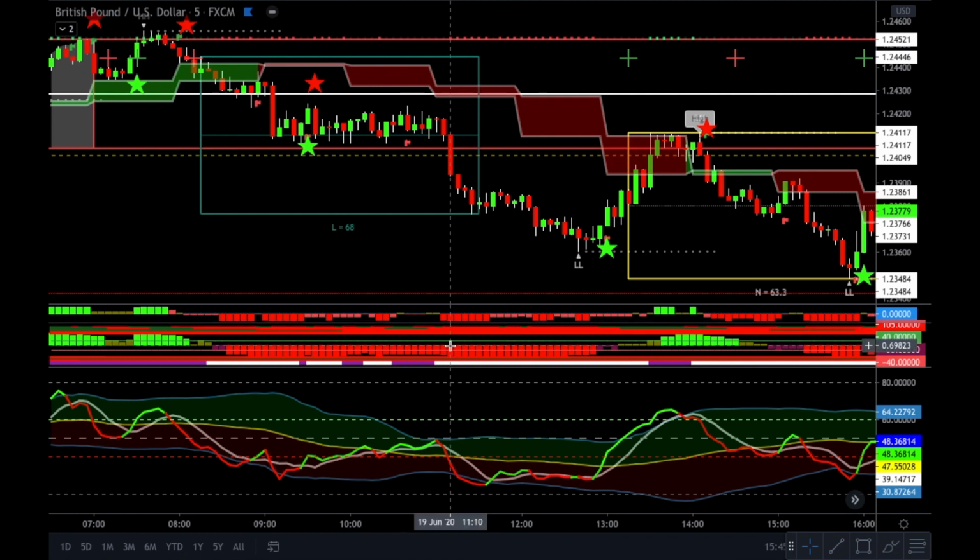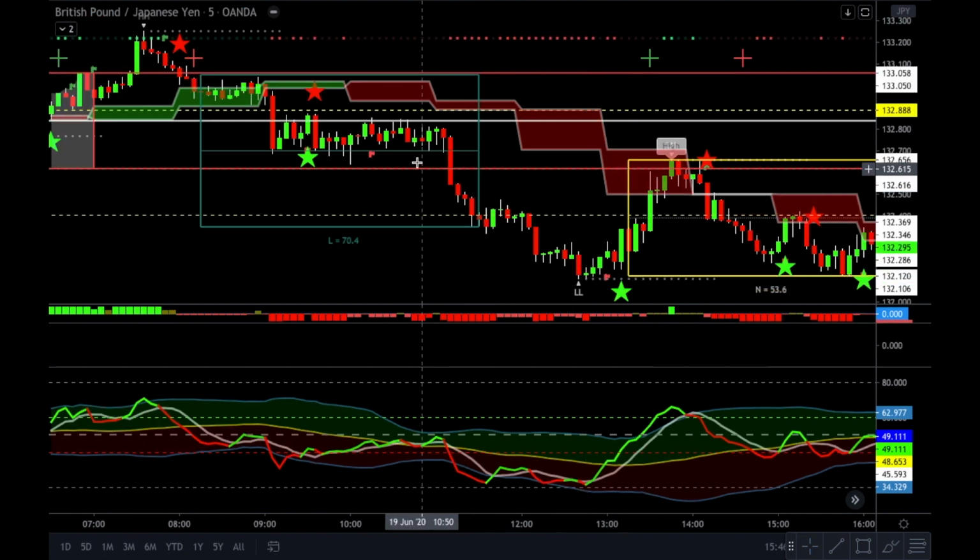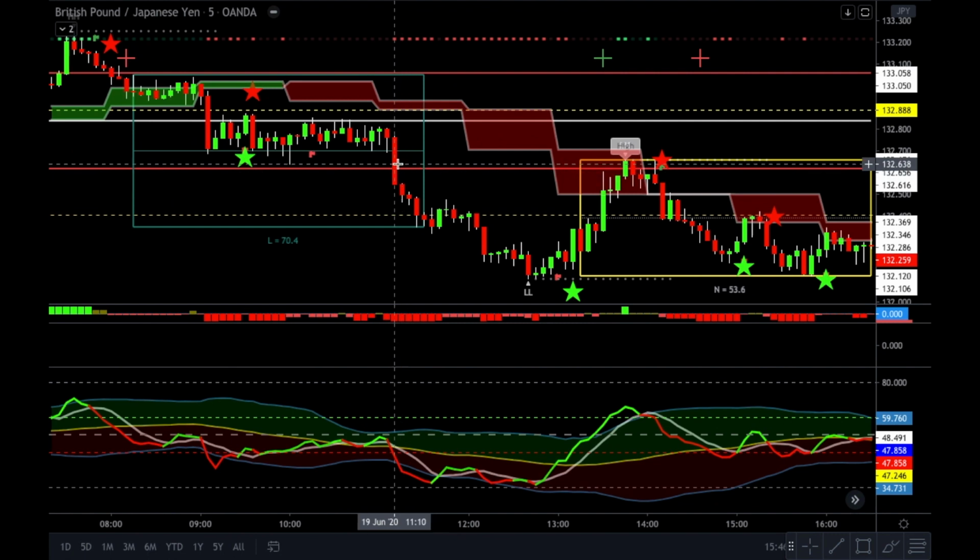It was red here before, but we waited for the candle to close. I've also had a 2 and 7 moving average crossover here, plus I'm underneath the 50 trend divider. So that's a perfect trade for me. I could have entered here, and this was 30 pips going down. And the same thing here for GBP JPY.